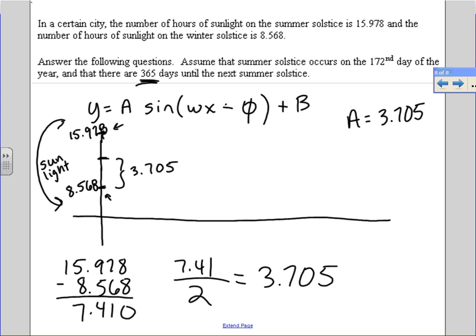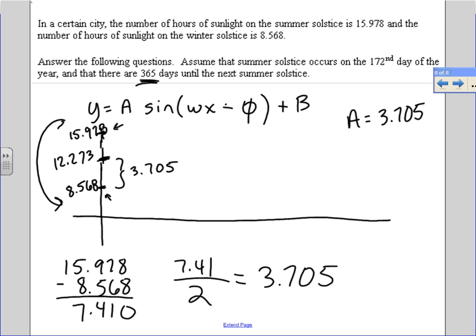I'm going to do the 8 one: 8.568 plus 3.705. And so this center line now is going to be 12.273. Again, 12.273 is going to be our center line.